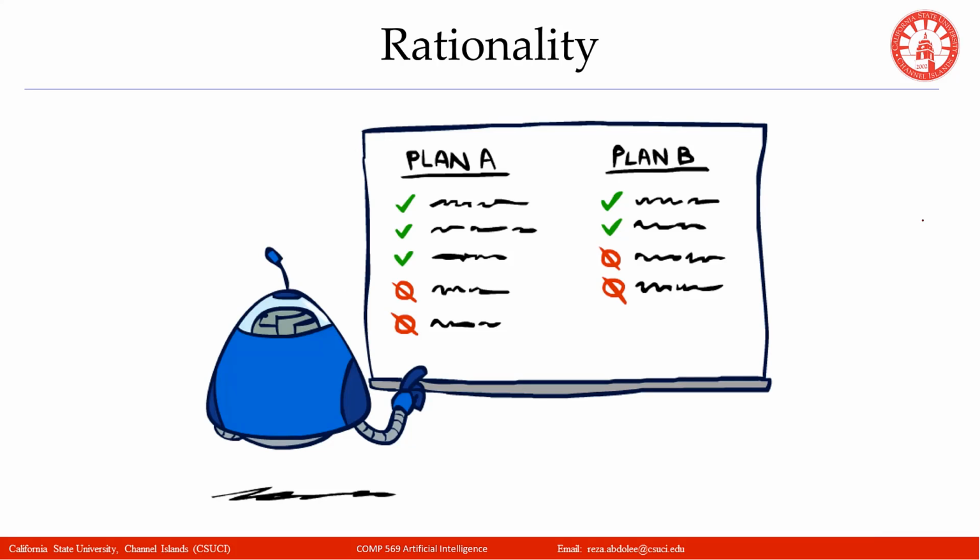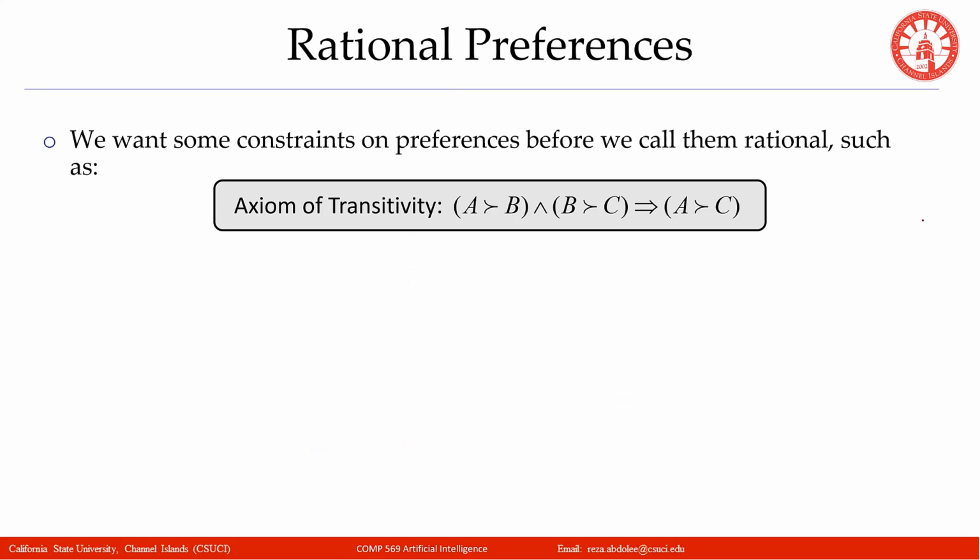And then rationality. Normally for rationality, you're going to have multiple plans, plan A and plan B. To be a rational agent, you need to consider all those consequences in your decision-making process. So we said rational agents, therefore we need to define some framework to say which agent is acting rationally and which agent is not acting rationally.